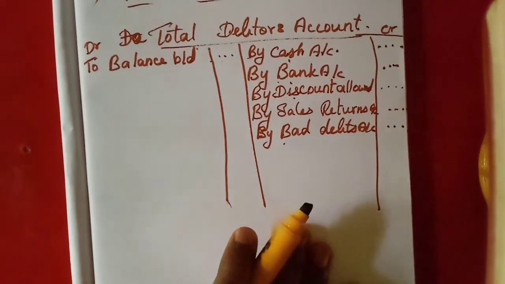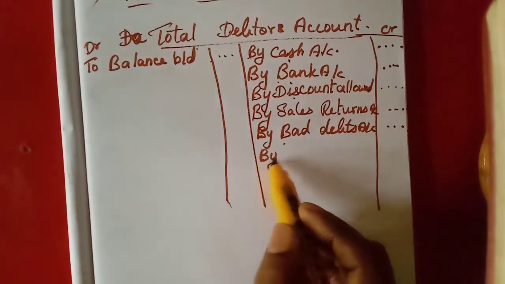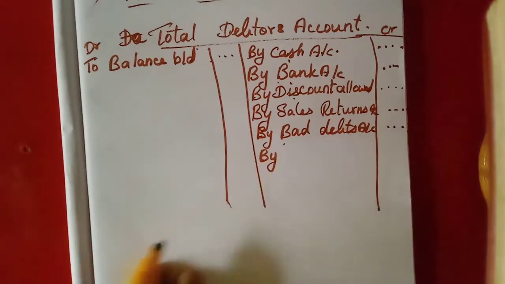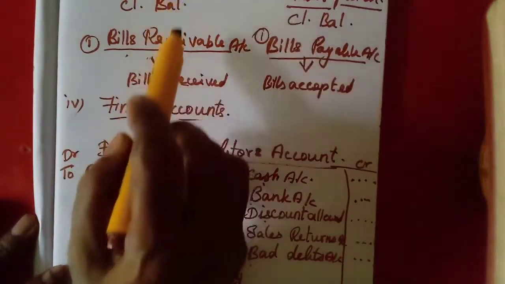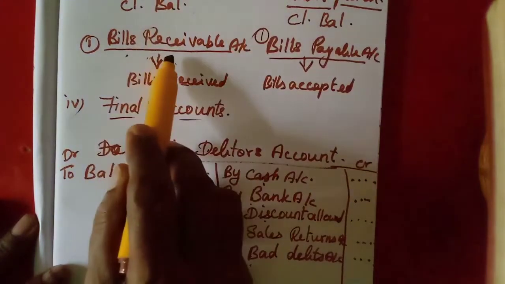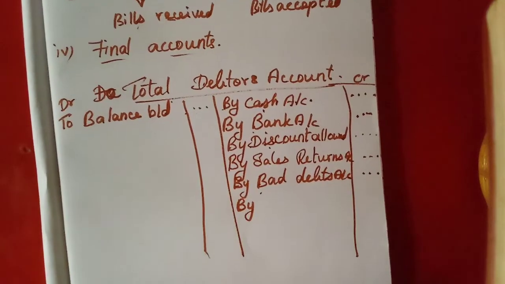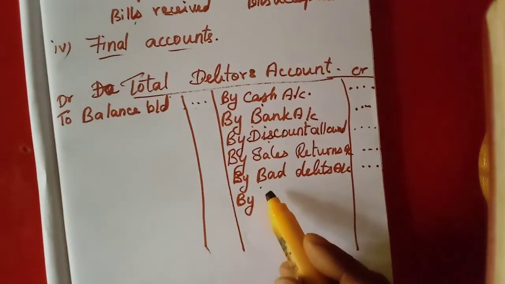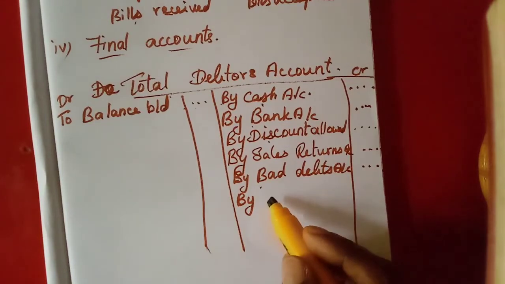Now, sometimes we will receive bills receivable. I told you that when we do both the figures, first the bills receivable account, then only the total debtors account. So from there also we need to enter one balance.